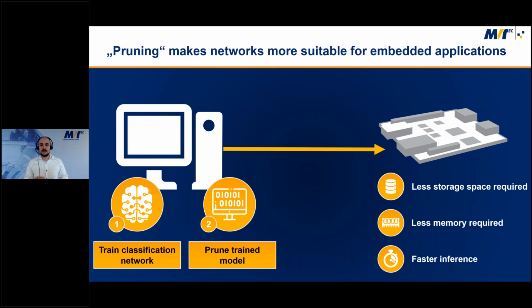So this gives you the possibility to tune a trained deep learning model and make a trade-off, for example, if you do not need this high classification accuracy. You can prune your network, and then you will have a network with a little bit less accuracy, but way less memory usage or way lower inference times.